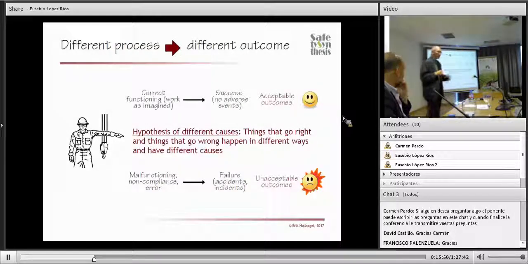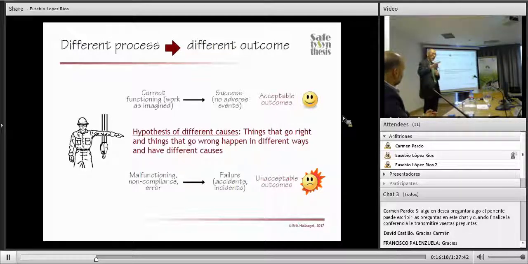And this is because when we look at what happens around us, at everyday activities, at a construction site, in a hospital, in the traffic, in flying, and taking the train, whatever you think about. If you look at the outcomes, there are in principle two types of outcomes.